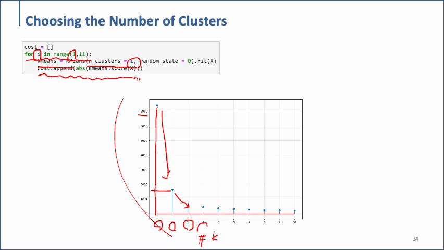But when you keep increasing k, it does not change at all. From that, we can conclude that the proper number of clusters could be k equal to 3. When you plot this, there is a point where it does not change any more, and we call it the elbow point.